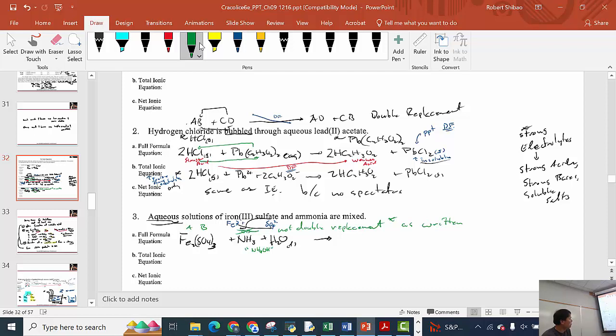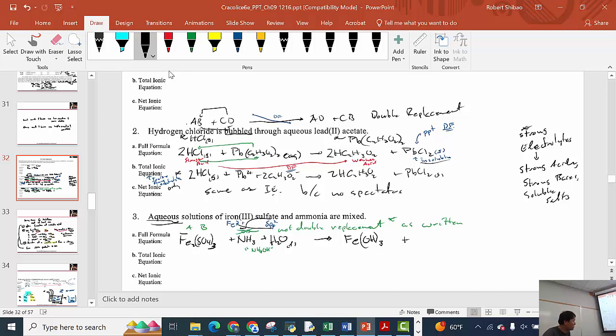So what we do is we have iron 3. Now we're going to pair it, not with sulfate, but with hydroxide. And now we're going to pair ammonium with sulfate. What is the formula for iron 3 hydroxide? Fe(OH)3, because it's iron 3. And then ammonium sulfate: what's the formula?